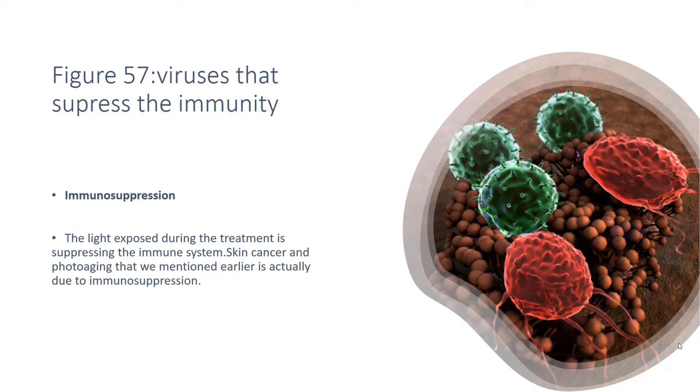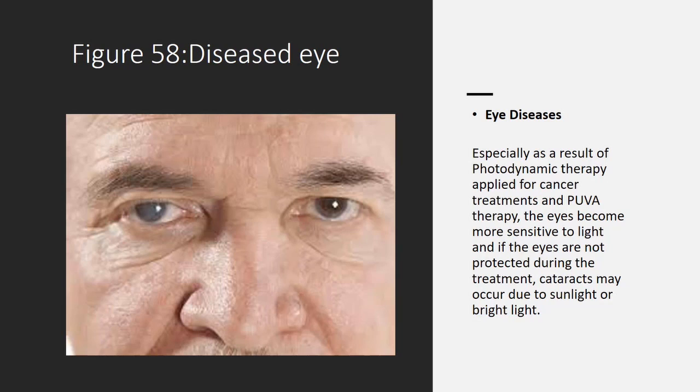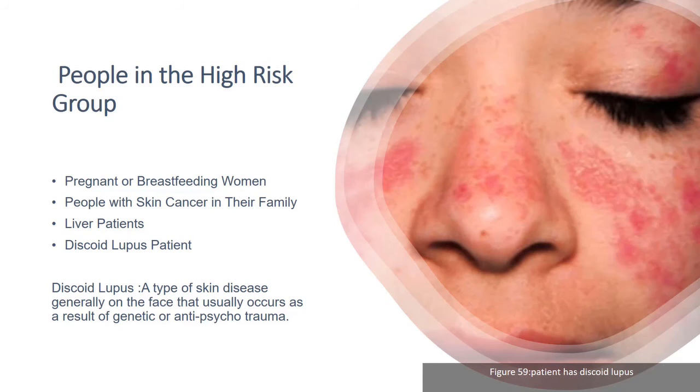Immunosuppression. The light exposed during the treatment is suppressing the immune system. Skin cancer and photoaging that we mentioned earlier is actually due to immunosuppression. Eye diseases, especially as a result of photodynamic therapy applied for cancer treatments and PUVA therapy, the eyes become more sensitive to light, and if the eyes are not protected during the treatment, cataracts may occur due to sunlight or bright light.